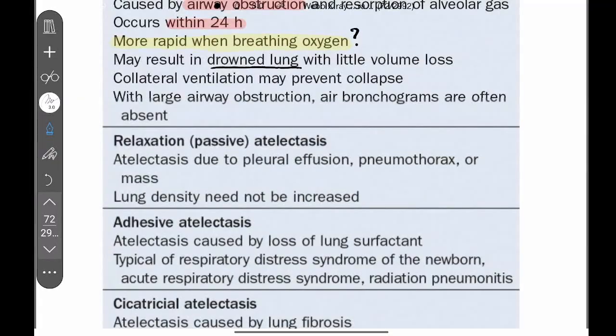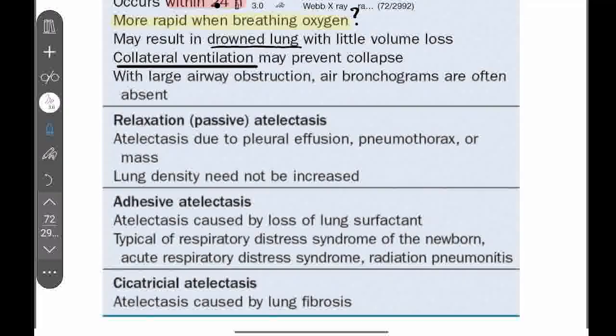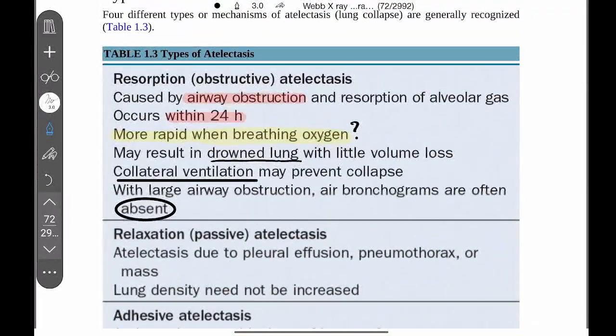Next point: collateral ventilation may prevent collapse. With large airway obstruction, air bronchograms are often absent. Of course, if the large airway itself is obstructed, then how can the air bronchogram occur? It can never happen. It's absent. So that's about the obstructive atelectasis.